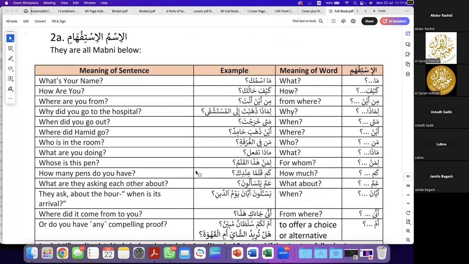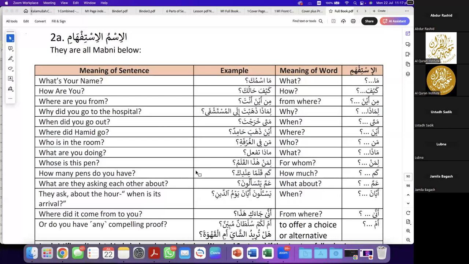So we said that Ismul Istifham is broken down into categories. We have some examples. Before we go into it, something you have to keep in mind for Ismul Istifham: they are always mabni. Can someone tell me what that means?